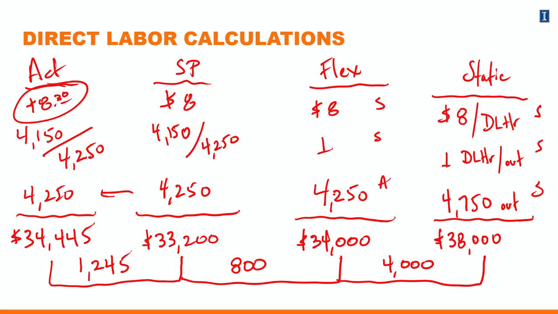Our flexible number is our more actual piece of information compared to the static budget. That cost is lower than what we had planned in a perfectly standardized world. So the cost being lower means that all else equal, our net income will be higher than we had expected. So this variance is favorable. Using the same logic in looking at the efficiency variance, we would classify that as favorable as well.